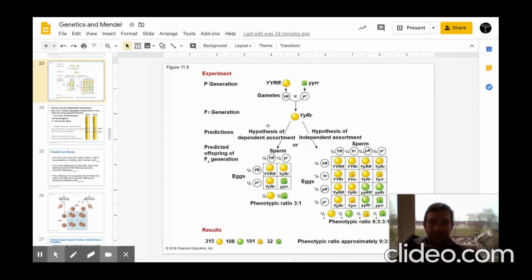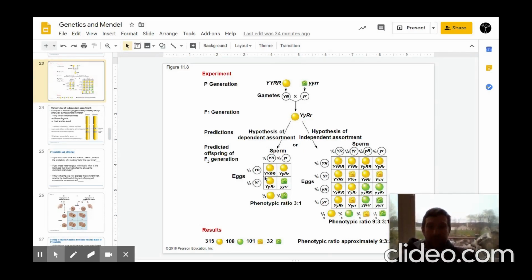If these were under the rules of what's called dependent assortment, and whatever is causing the seeds to be yellow and round always tends to stick together, then we could have gotten a 3:1 ratio and only seen dominant or recessive traits come out in our phenotypes.